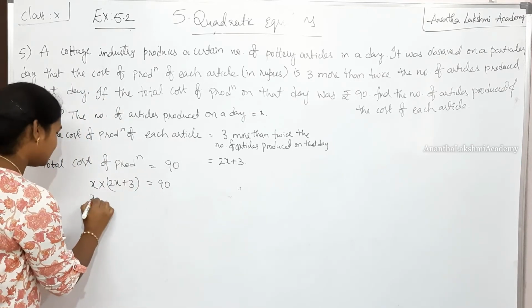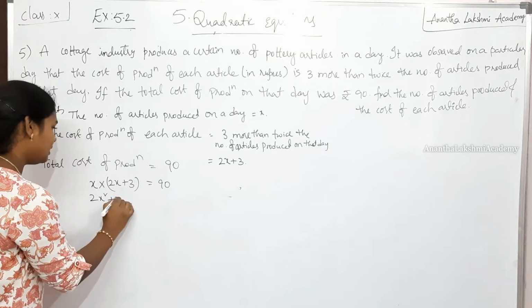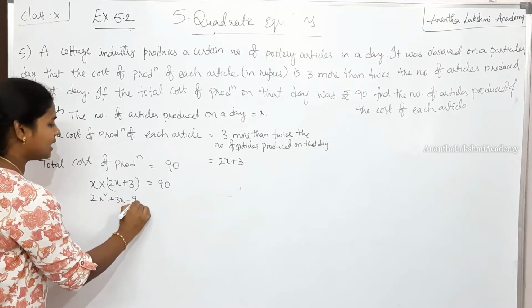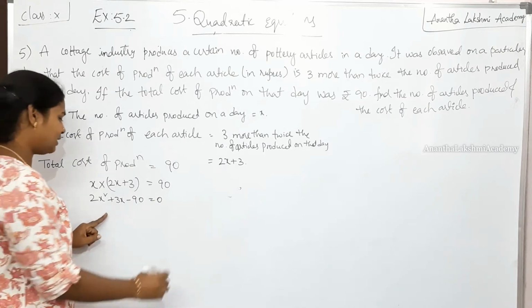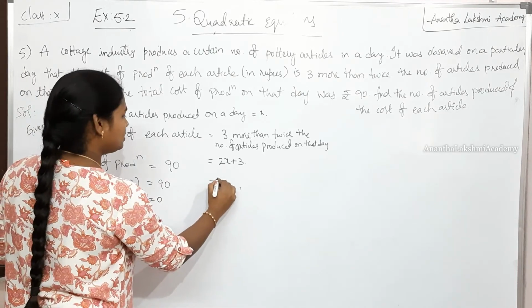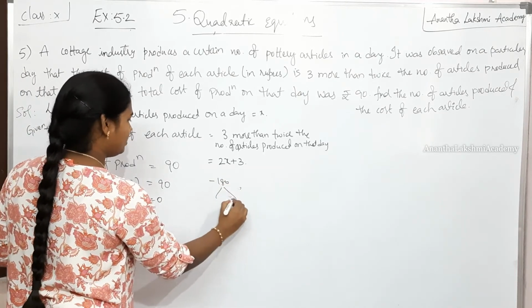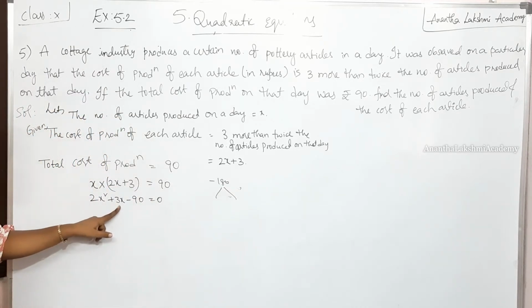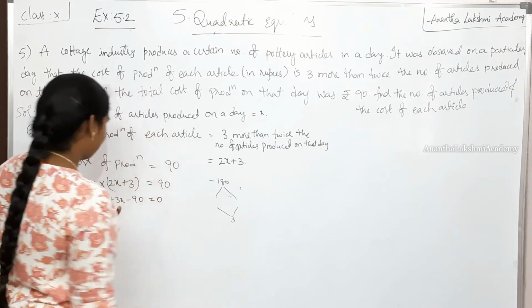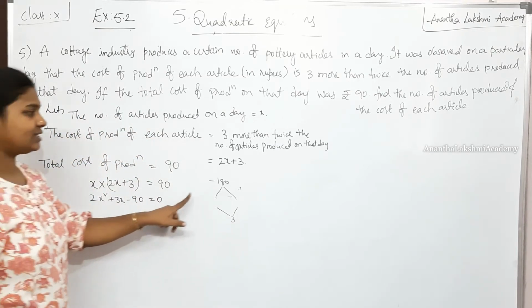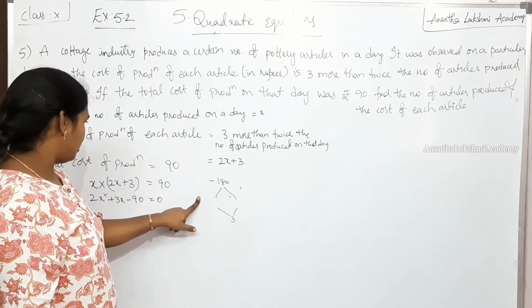Let us multiply this. 2x square plus 3x minus 90 is equal to 0. Now the factorization method. Minus 90 into 2 is minus 180, which should be split in such a way that the sum is 3.